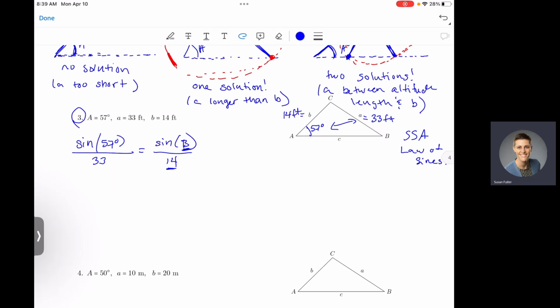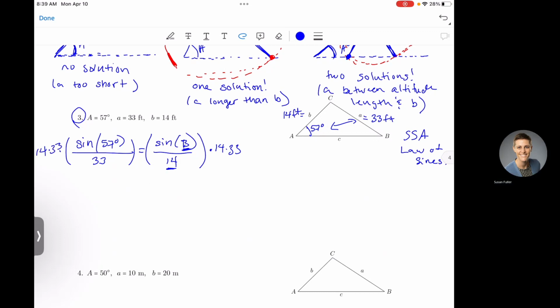Again, we're going to start the same place that we always do, which is clear the fractions. I'm going to multiply both sides by our common denominator, which is 14 times 33. I'm not going to bother putting it in my calculator because I don't need to.